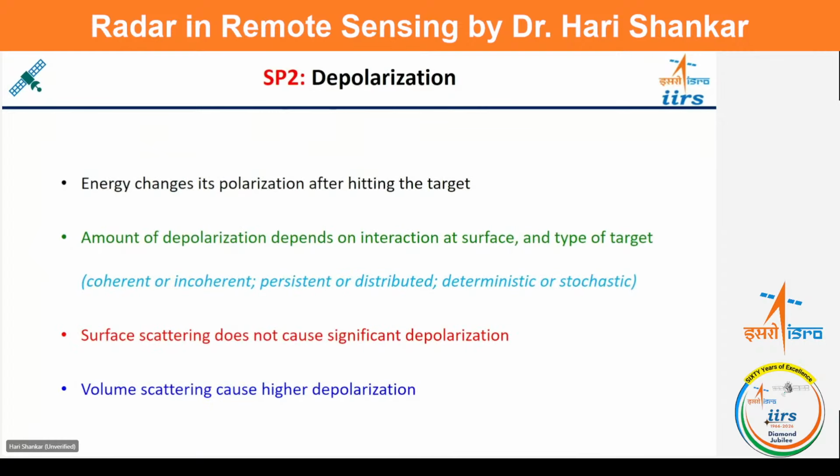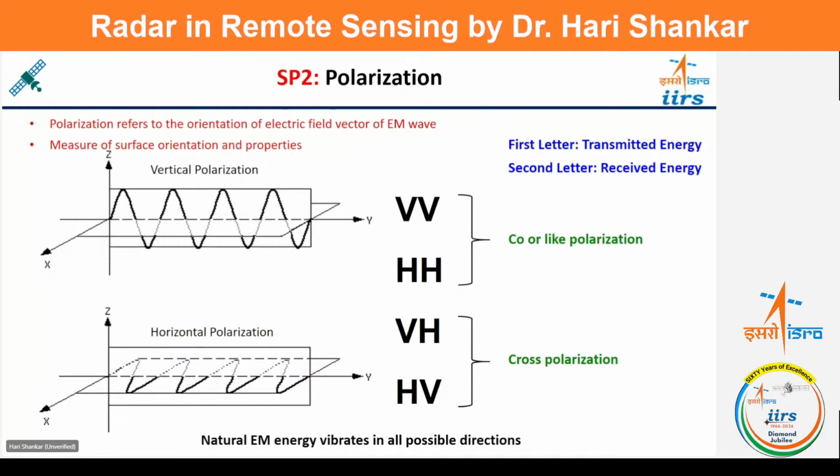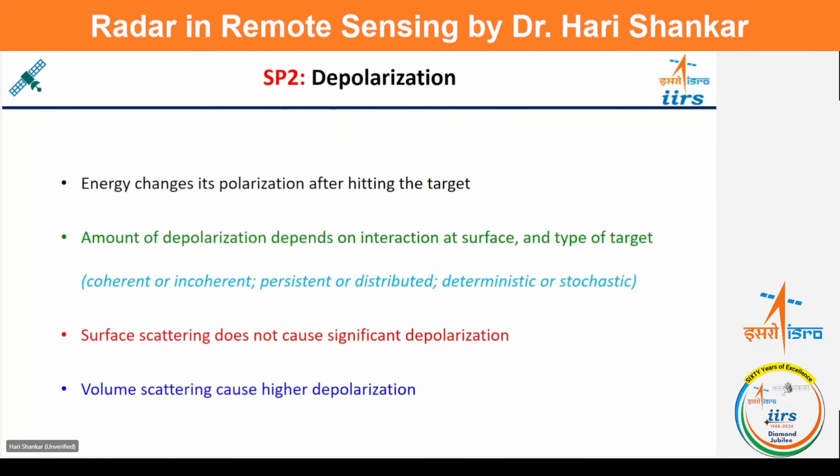Then this polarization, for example VV or HH, whatever the polarization is: let us say the signal was transmitted in horizontal polarization, but when it reaches the surface and interacts with different types of features, then it is backscattered from the target and moves towards the sensor.